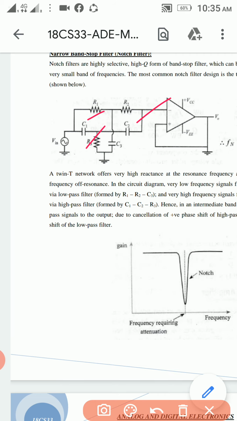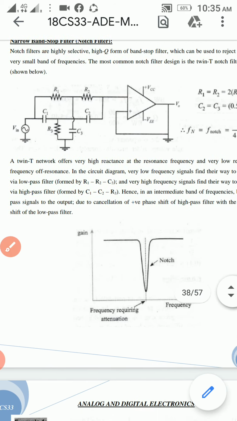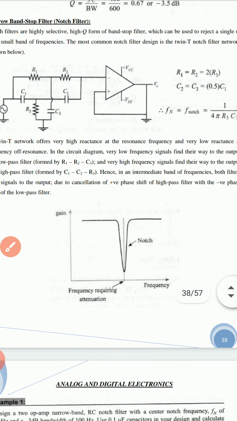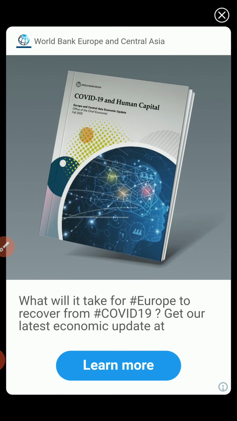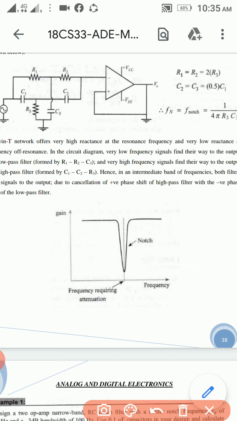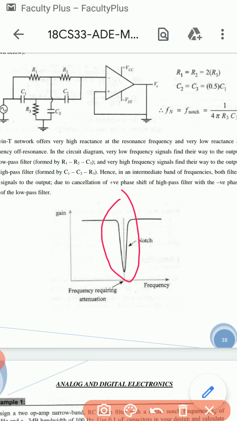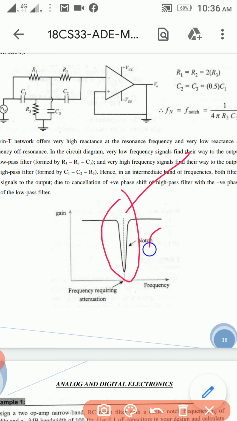Coming to the next part, here is the waveform, a frequency versus gain plotted graph. In this graph, that region with a very, very narrow bandwidth is what I call the notch. In those particular frequencies only, it selects this set of frequencies and rejects the other frequencies.